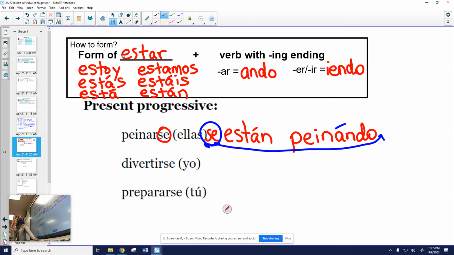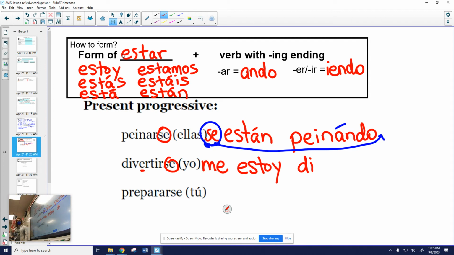Bueno, divertirse, forma yo. Take off the se. Which form of estar will we use with yo? Estoy. We'll use estoy, sí. And which reflexive pronoun will we use? Me, excelente. Me estoy. Divertir is an IR verb. Fun fact, divertir is a weird one because it's an E to I stem changer in this ing ending.